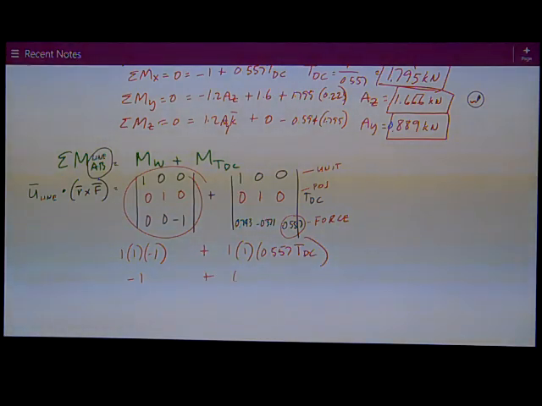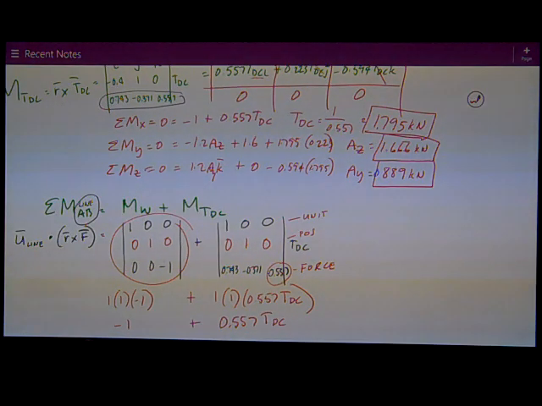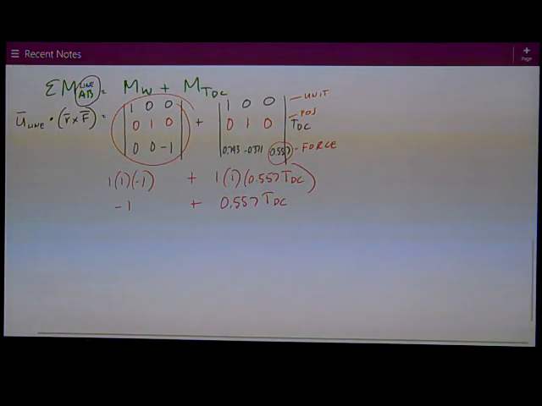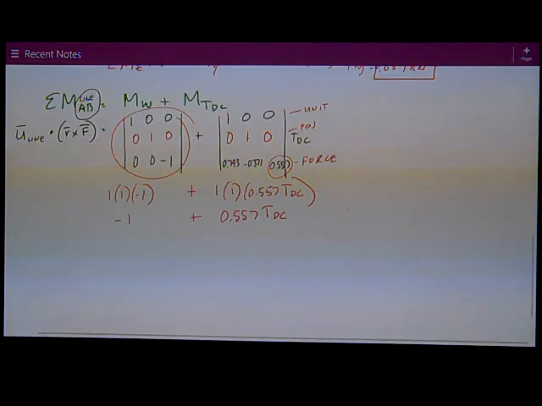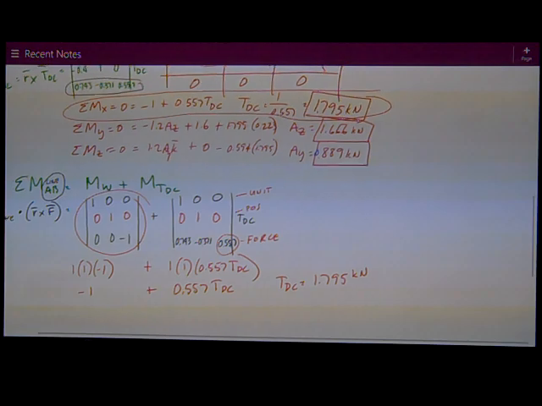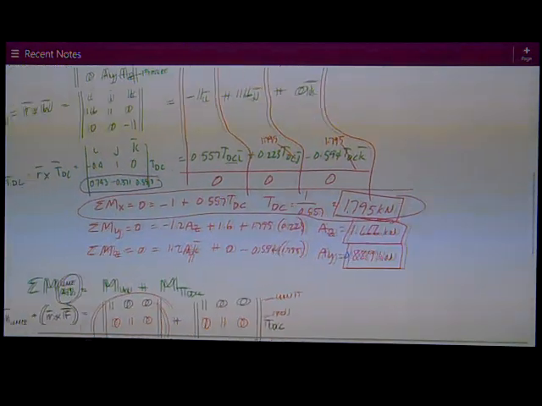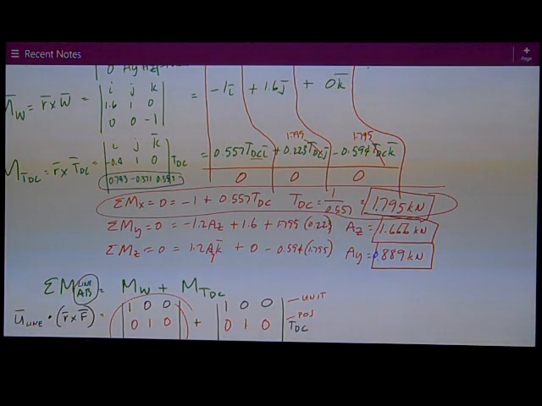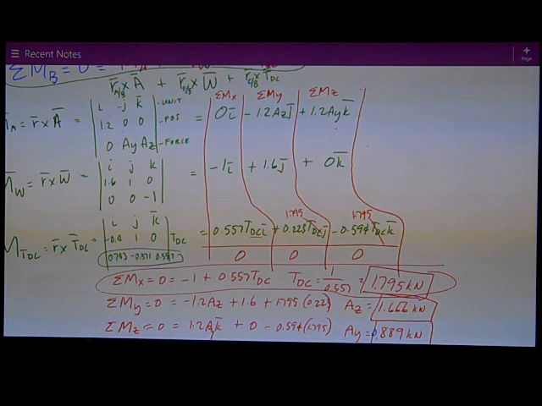So that's negative 1 plus 0.557 TDC. This sounds familiar to me. It's the same equation that I used up here to solve for TDC. So I can just rearrange it in the same way, and I find that TDC, once again, is 1.795 kilonewtons. Now I would still have to do this moment calculation to get AZ and AY, but this is a quick way to get the force in that cable.